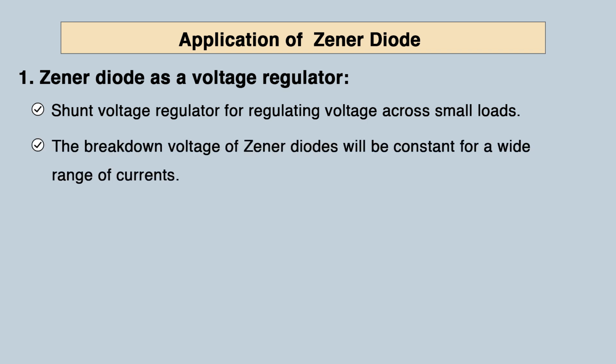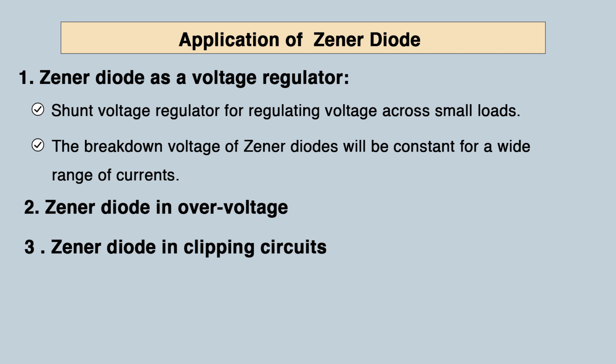Zener diode is connected in parallel to the load to make it reverse bias. And once the Zener diode exceeds the breakdown voltage, the voltage across the load will remain constant. The breakdown voltage of Zener diode will be constant for a wide range of current.